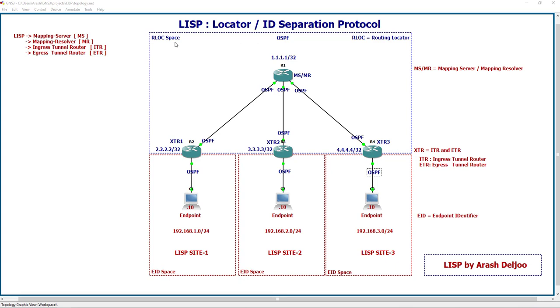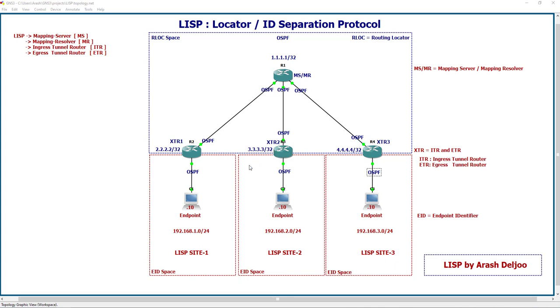What is the RLOC? First, we should know that RLOC is an abbreviation of routing locator. Look at here. RLOC means routing locator. And we have 1 space of routing, which we call the RLOC space. In the RLOC space, for example, in this example, we have R1, R2, R3, and R4, and I'm going to enable, for example, OSPF in this space, enabling OSPF on R1's interface and also R2's interface in this part, and R3 and R4.